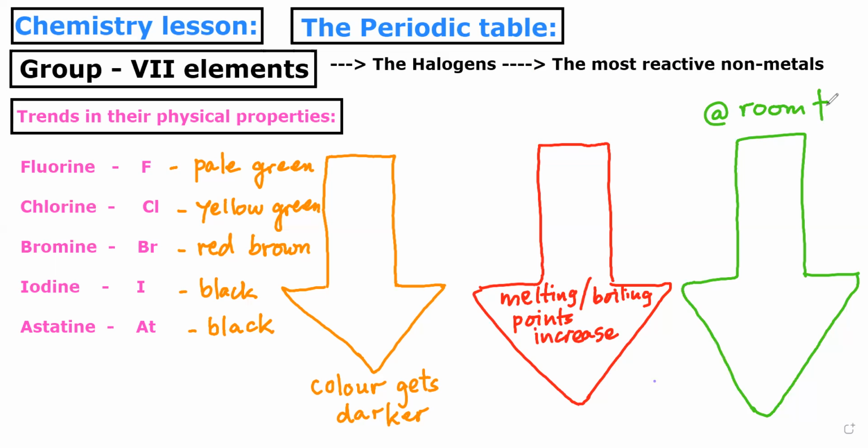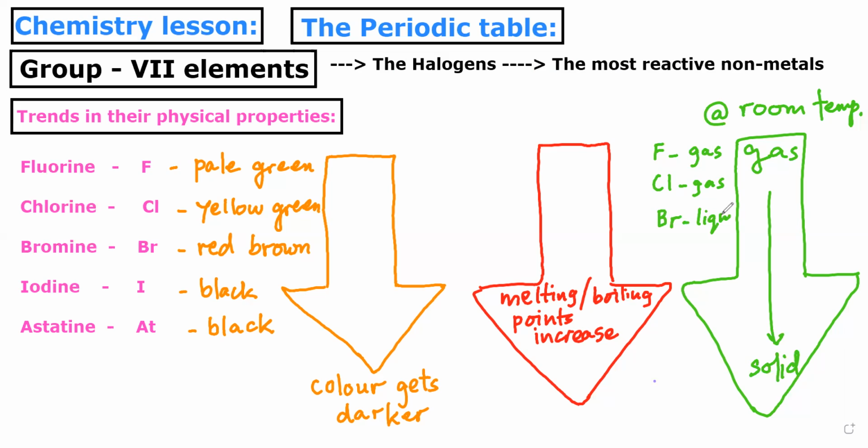At room temperature, it will change from gas to solid as we are going down. What does it mean? Fluorine is a gas. Chlorine is a gas too. Bromine is a liquid.